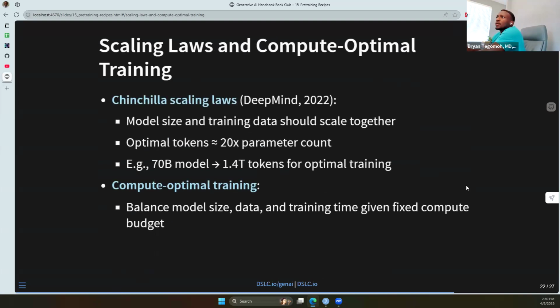Then, talking about scaling laws, we will discuss more about them later on, but the Chinchilla scaling laws teach us to balance model size and data volume to ensure optimal use of compute resources and effective training.